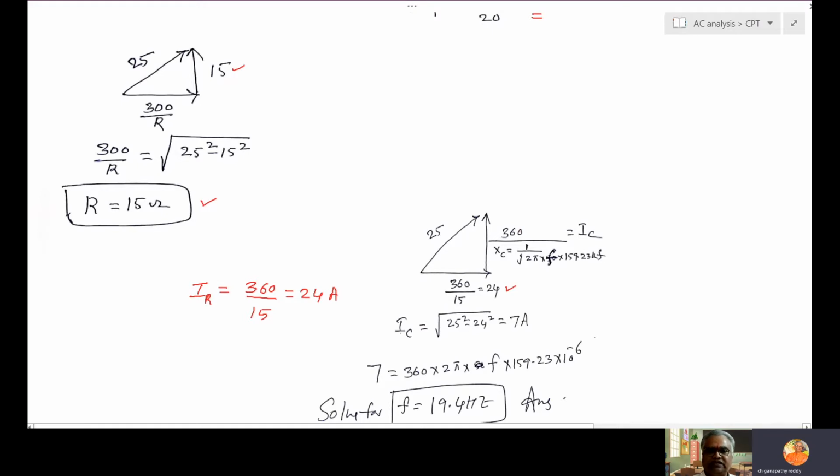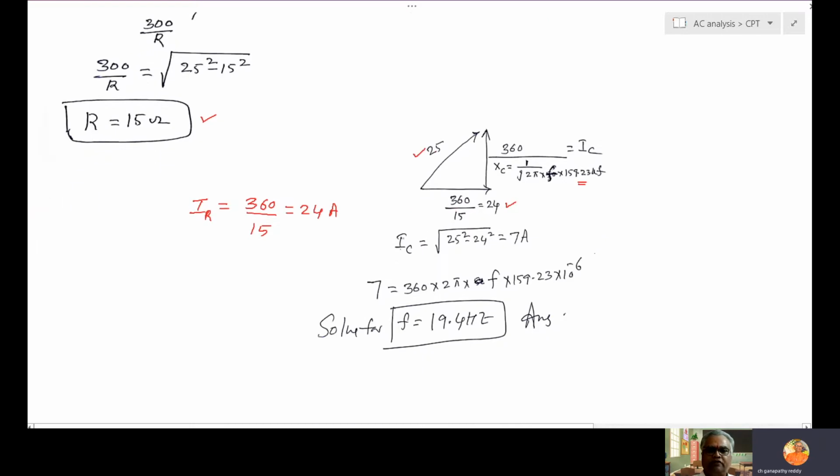And what is IC? 360 by capacitor reactance, 1 by j 2 pi F, F we don't know, C value same. So this is IC. And this vector addition should be equal to 25. Therefore, IR is 24, total is 25. Then what is IC? Root of 25 square minus 24 square, equal to 7 amps. Now IC is 7.